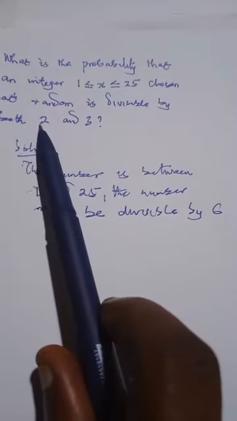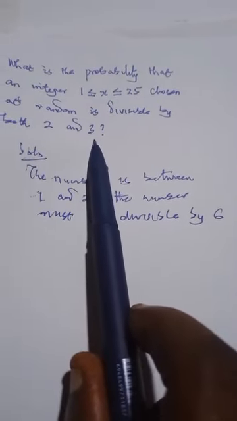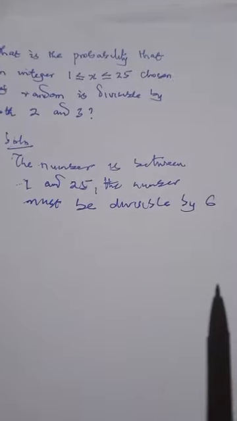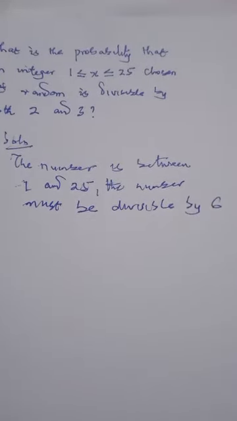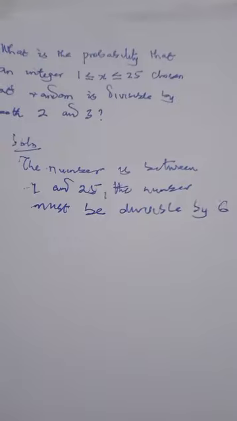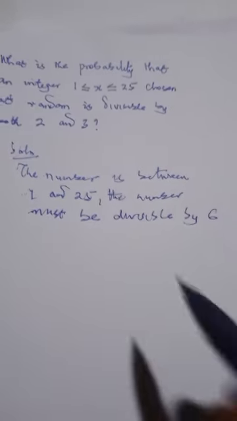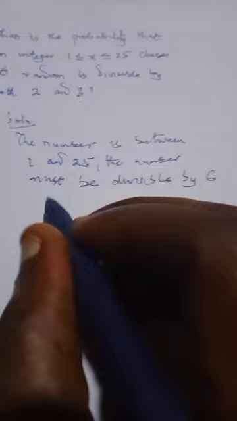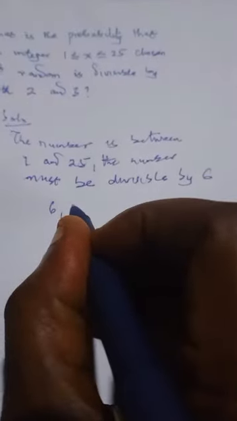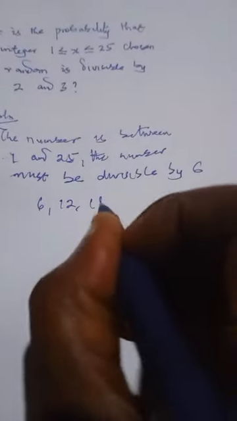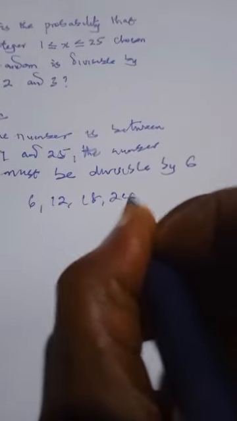Because 2 times 3 is 6. So it means the number must be divisible by 6. Now let us count the numbers between 1 and 25 that are divisible by 6. The numbers are 6, 12, 18, and 24.